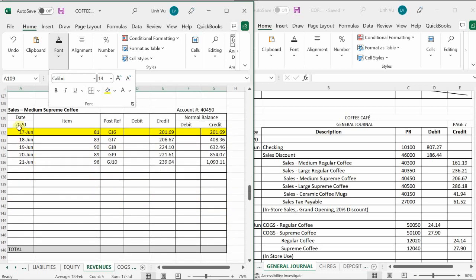We got our next one, let's see, our next one is 206. That's correct. Then the next one we have here was 286.